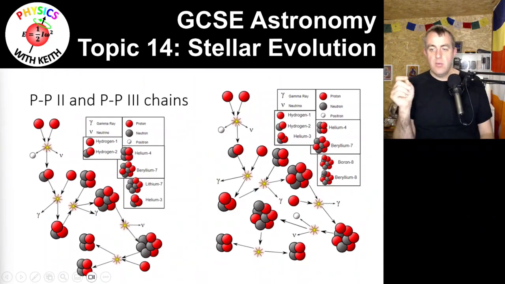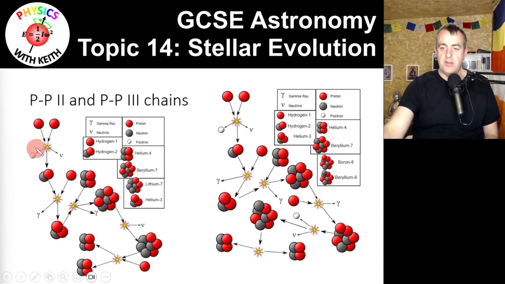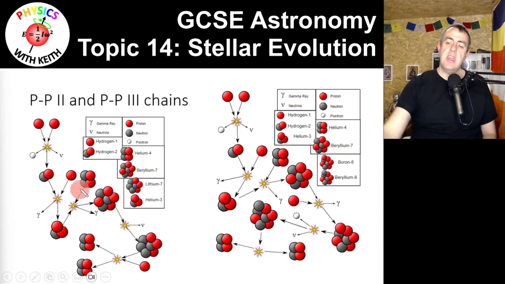So what's going on here then? Well, here we have 3 protons coming in and a helium. So we've got proton, proton, proton going into this reaction. These 2 protons combine to form deuterium, but then that deuterium fuses with another proton to form this isotope of helium, helium-3, which interacts with helium-4 to produce this thing here.